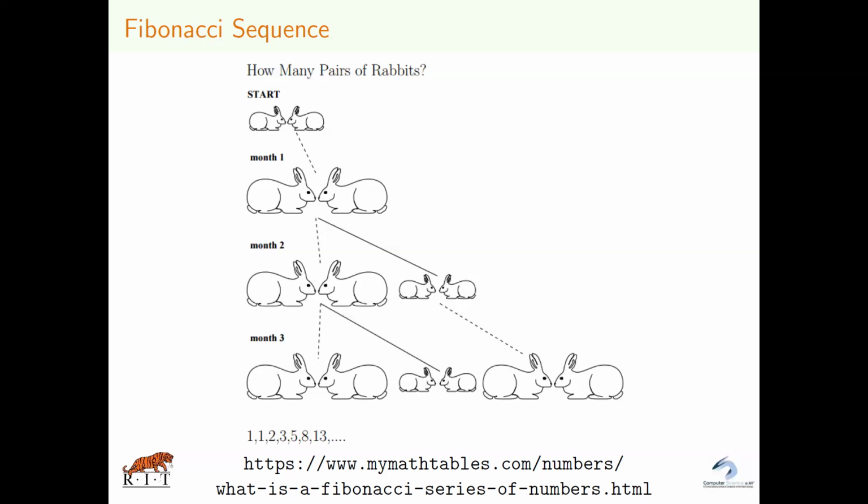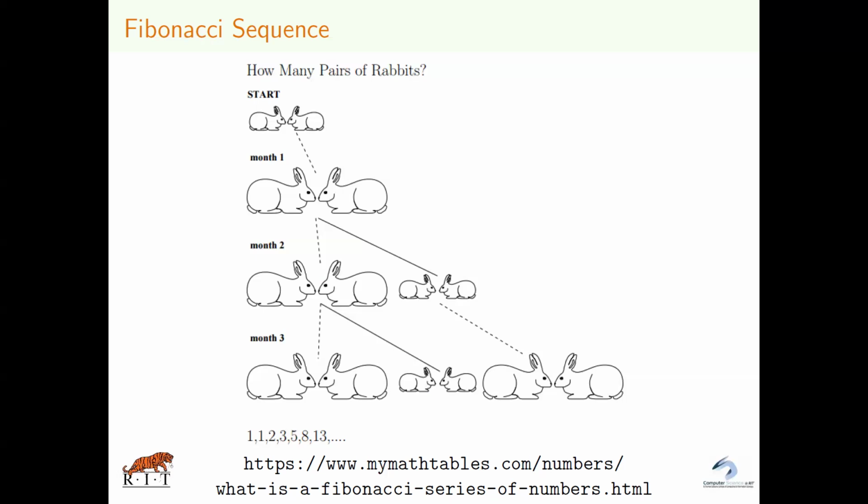What's going on the next month? The new couple of rabbits are still small, they can't produce. So we will have these two couples. But the first couple is now grown up and it can produce. So we will have these two couples plus one new couple produced by the parents.